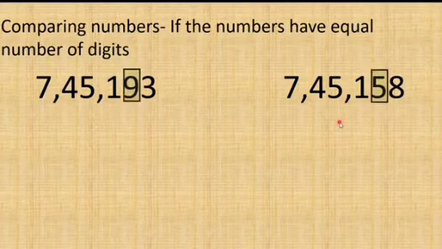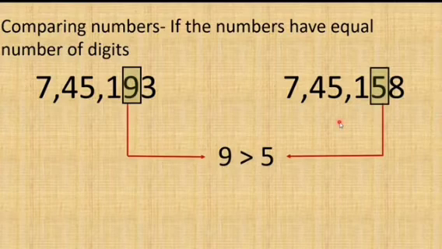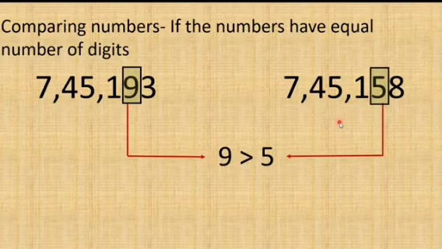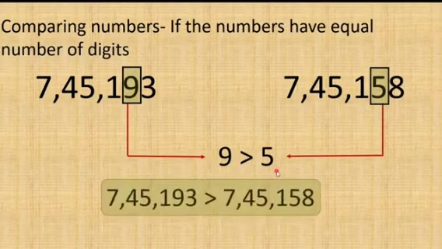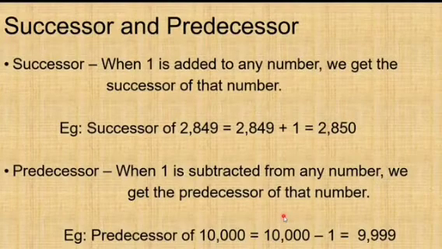So when we find the number which is greater, we pick that as the greater number. Since 7,45,193 has 9 in it in the 5th place and 7,45,158 has 5 in the 5th place, 9 is greater than 5, hence 7,45,193 is greater than 7,45,158. Did you all understand, children? Can we move on? Yes.